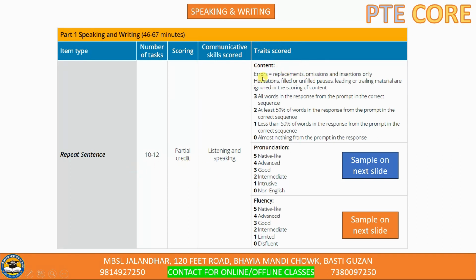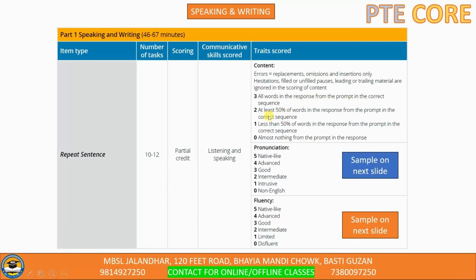If we talk about content, errors are counted when you replace any word, omit any word, or add some extra word from your side. Hesitation, filled or unfilled pauses, and leading or trailing material are ignored in the scoring of content; actually, that's part of pronunciation and fluency. You get 3 points if all words in the response match the prompt in the correct sequence.